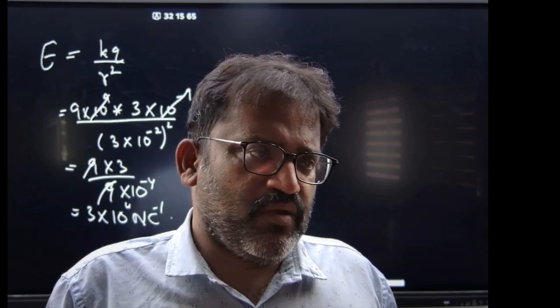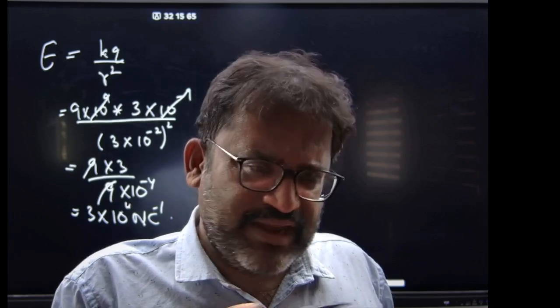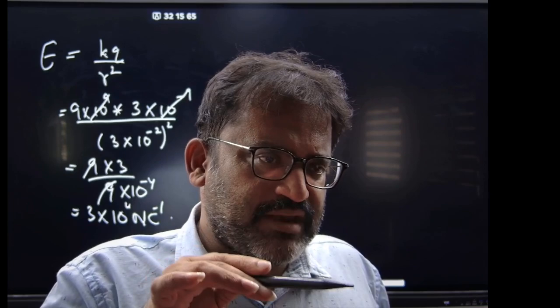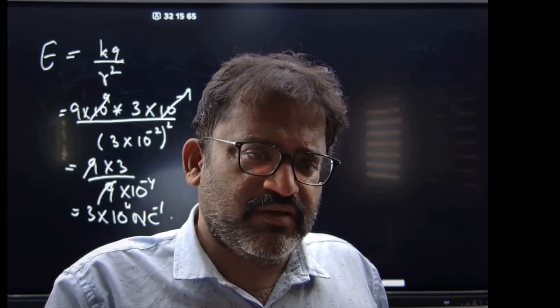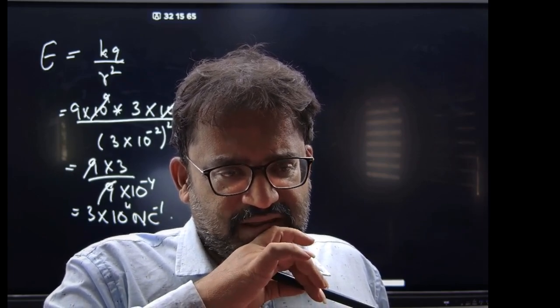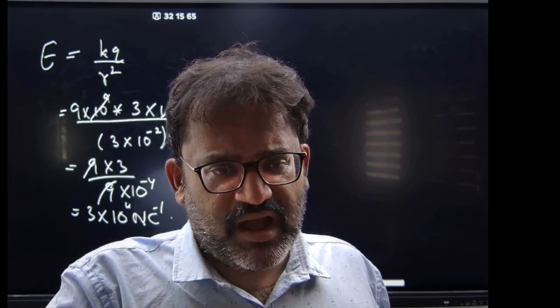In the bracket we can take any, because it is the same, so not an issue. So 18 into 10 to the power minus 12 divided by R prime square, whole divided by 54 into 10 to the power minus 12 K by R square.